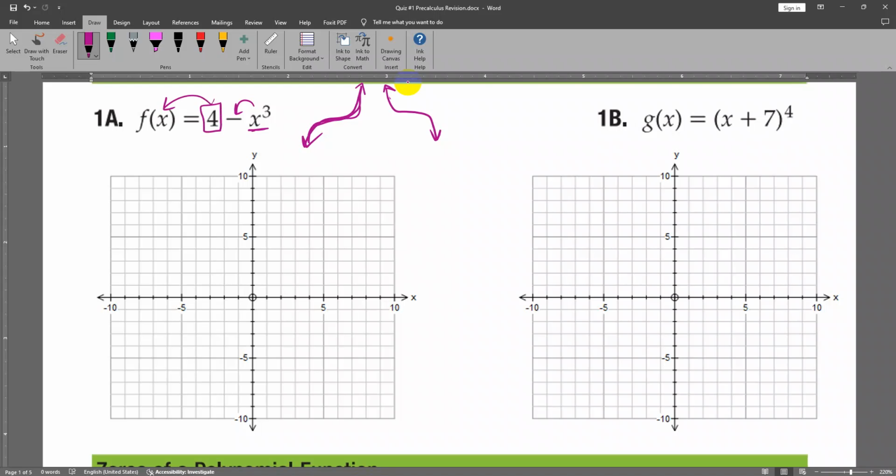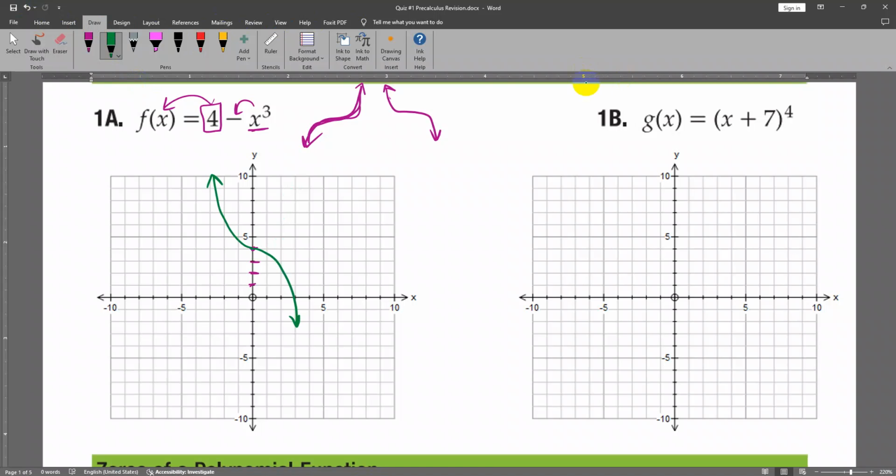So we will count 4 units up: 1, 2, 3, 4. Here is the center of our graph, and you will draw a graph like this. I'm sorry, to the other side, because it's reflected about the y-axis.